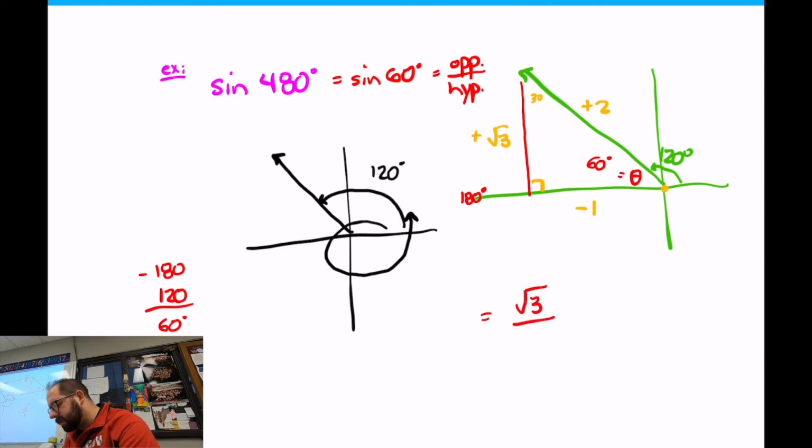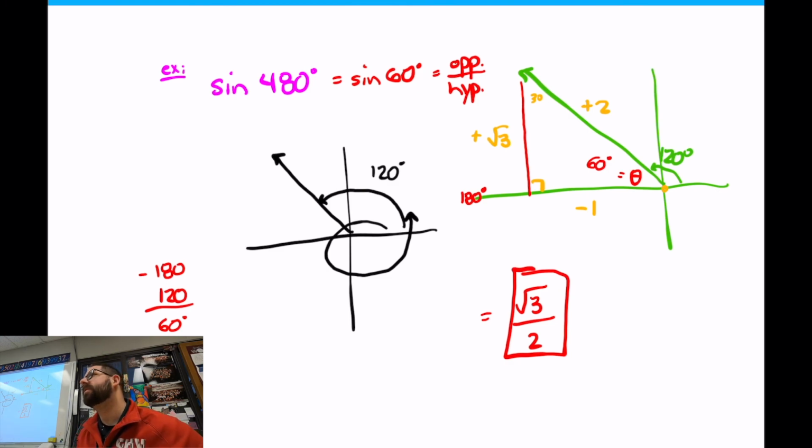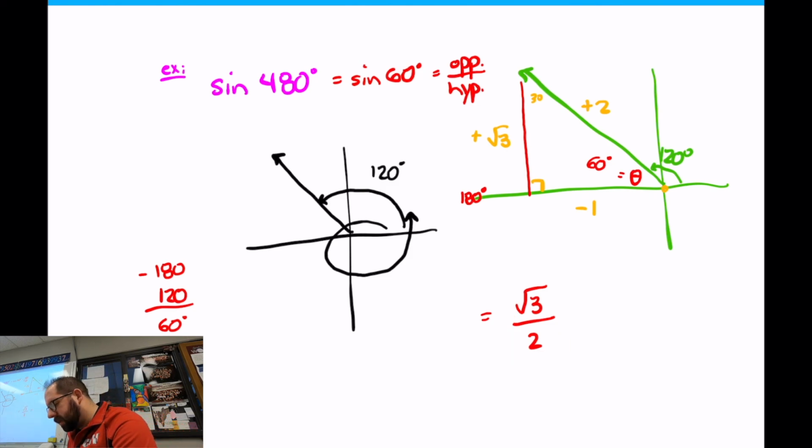And there's my answer. This should be the number that your calculator gives you. Square root of 3 divided by 2 is 0.866, so approximately 0.87.